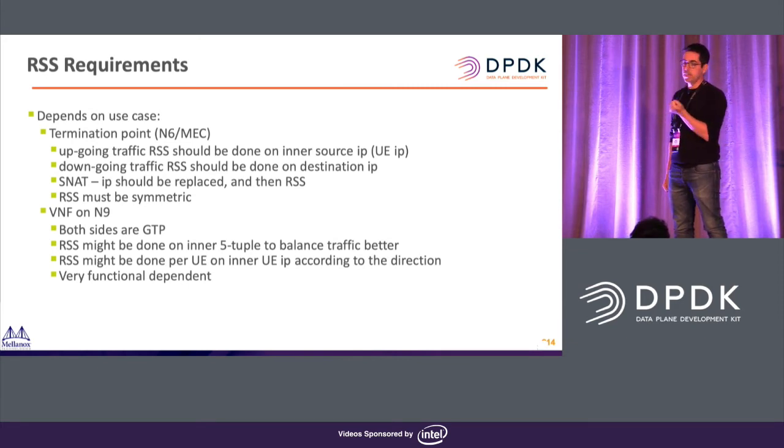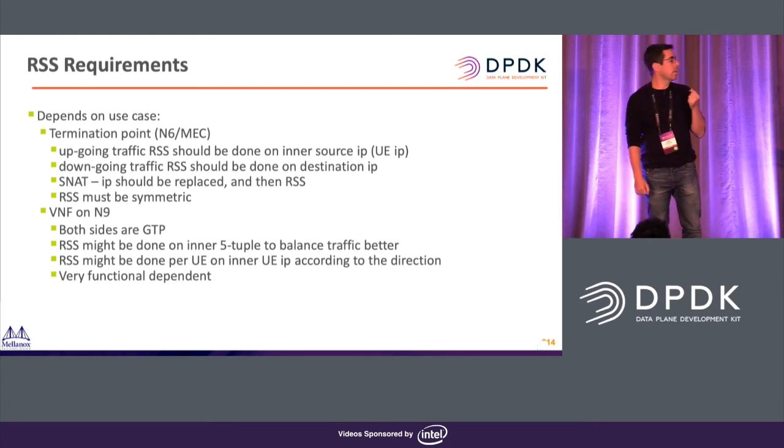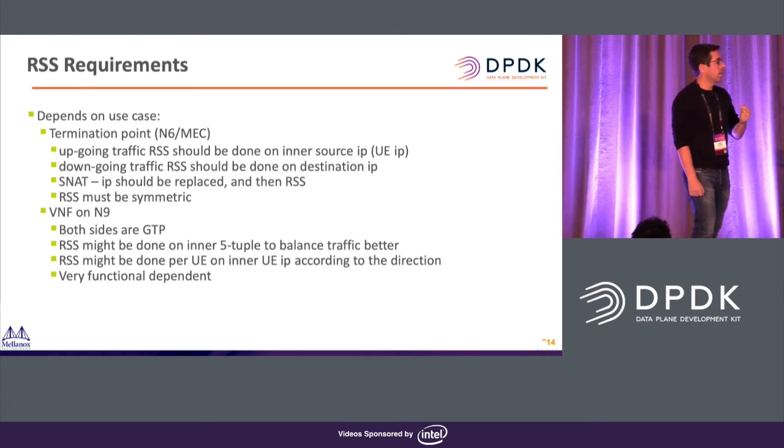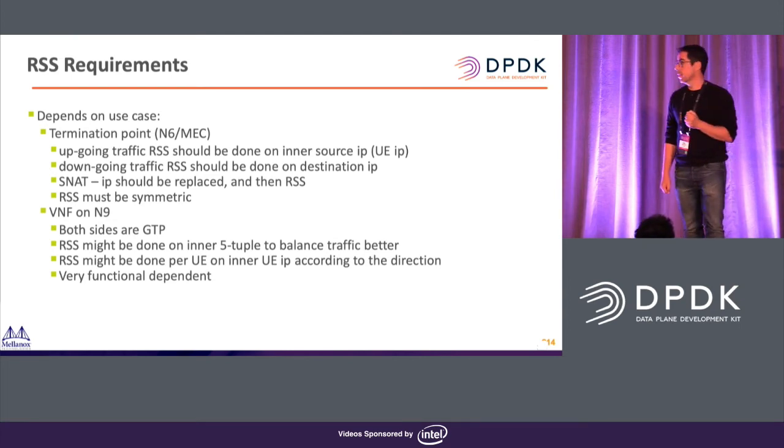You want that UE traffic to go to a single core. The only field in the packet that can identify this UE is the source IP in this case. So you want the RSS to be done on the source IP only, of the inner header.